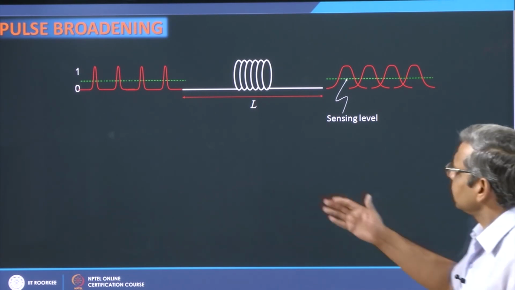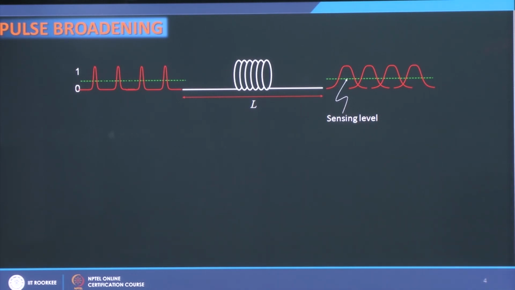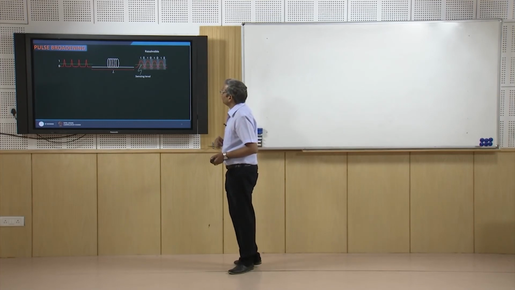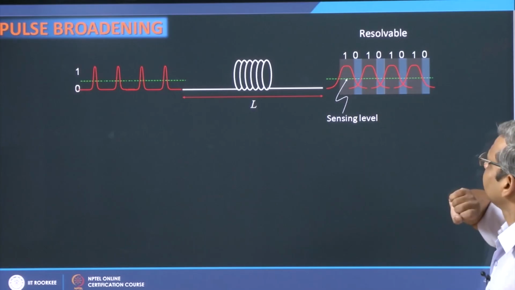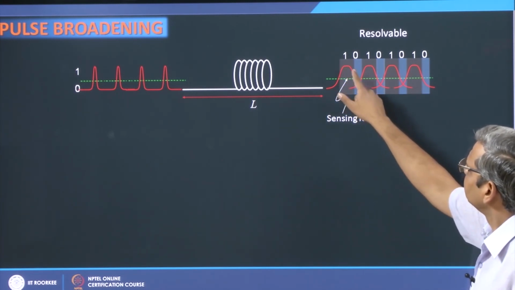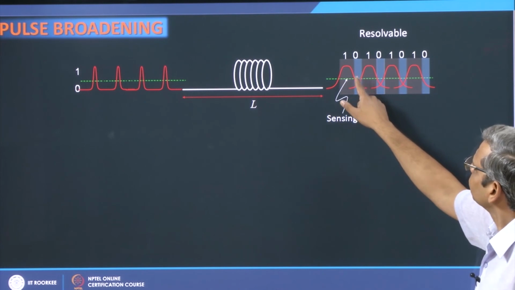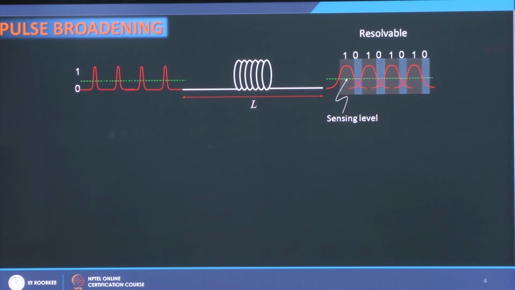So, when I send this pulse strain through L length of optical fiber, then the pulses become like this, and in this particular scenario what I see is that if this is the sensing level, then this is the high pulse, this is low. So, high and low regions are well distinguished.